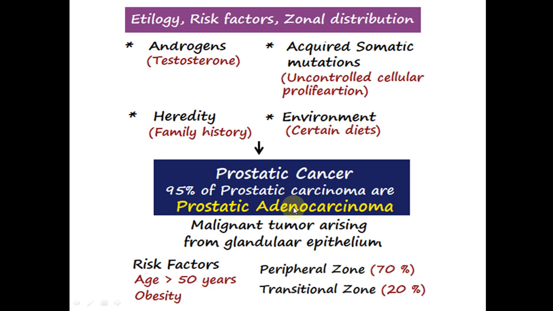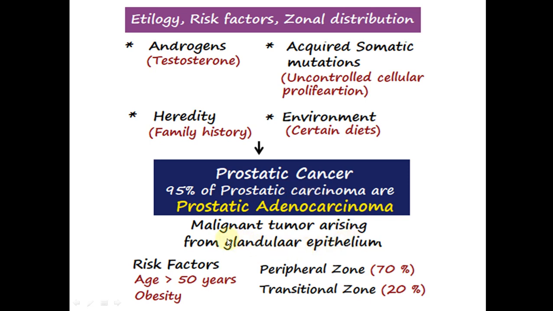And also sometimes, but rarely, tumors arise from the neuroendocrine cells present in the wall of the prostatic glandular tissue. These neuroendocrine cells can give rise to small cell prostatic cancer, but the small cell prostatic cancer and transitional cell carcinoma are rare in prostate, and the most common tumor of the prostate is the prostatic adenocarcinoma.